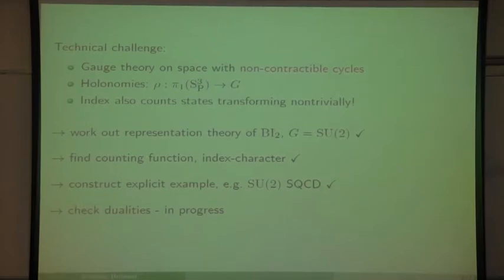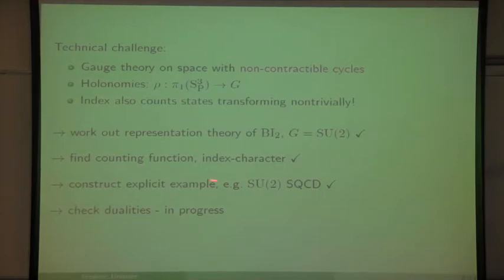For a start, we have considered a very simple gauge theory, which nevertheless has some interesting results. We have worked out the representation theory for that. Then one needs to find an appropriate counting function, in the sense that Nick has told us about, that also counts these states. This is related to an index character, and this was also done here.